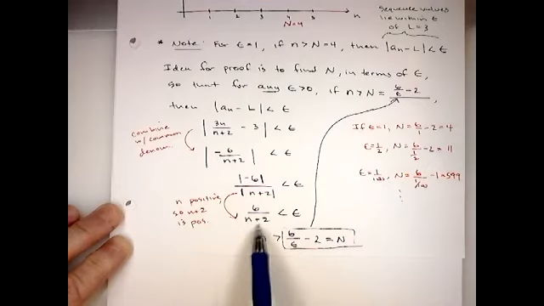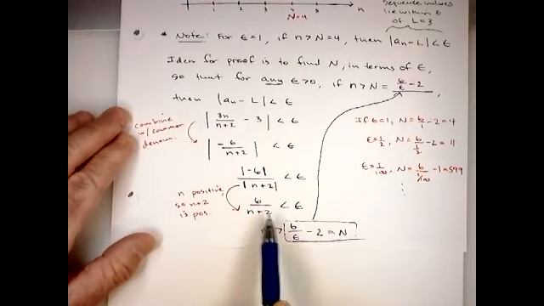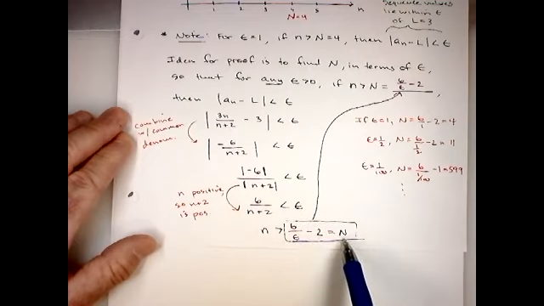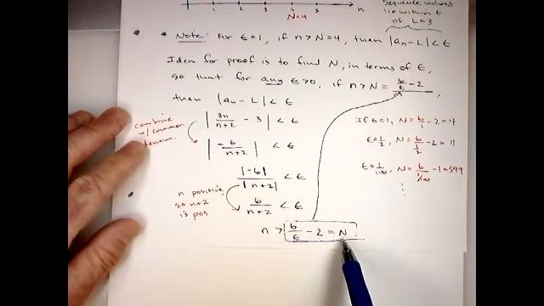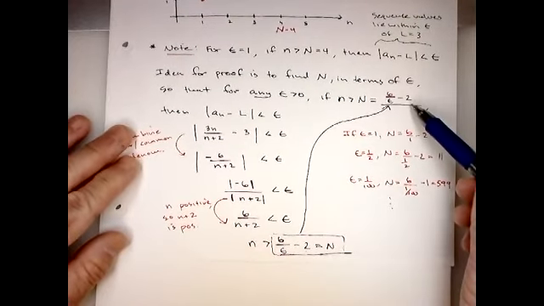So we can just ditch the absolute value on the bottom. Then, if you take the reciprocal and solve for n, you get n is greater than 6 over epsilon minus 2. And that's what we will call capital N. That's how I found this value here.